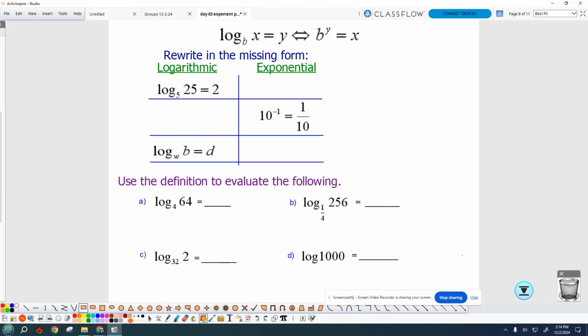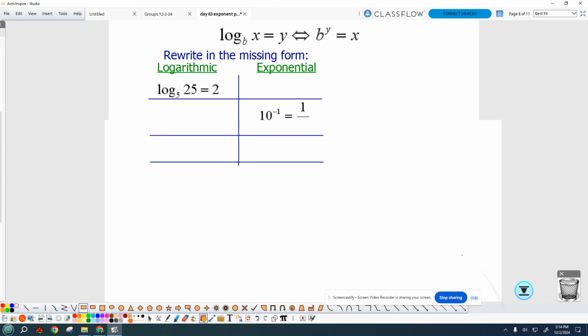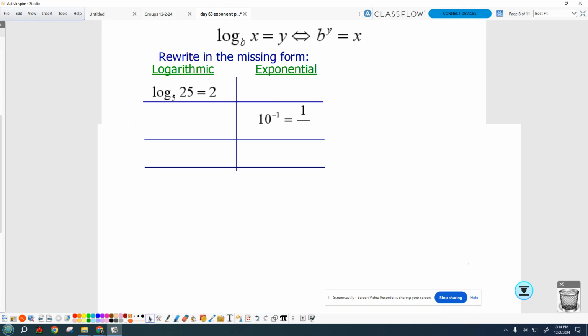Okay, hopefully it makes more sense when the statements that we're translating are true. Maya, how would we rewrite log base 5 of 25 equals 2? What's the base? 5. 5 to what power?